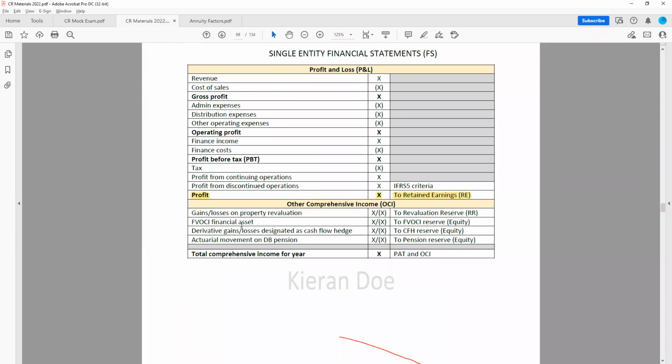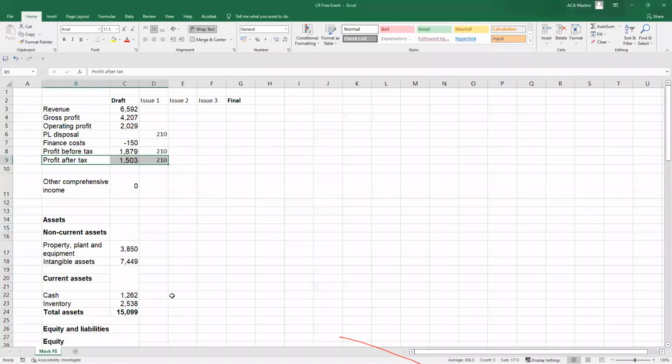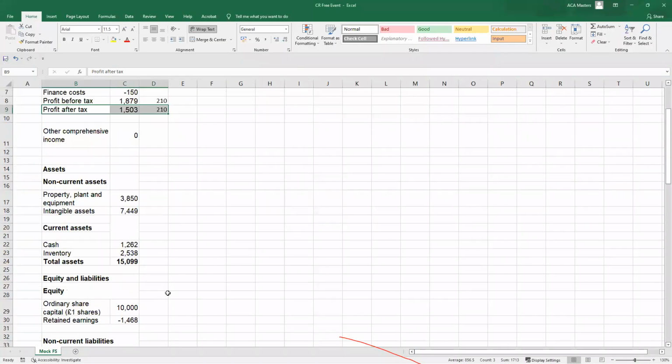Similarly, items which go through the OCI, for example revaluation of PPE, accumulate in the revaluation reserve. Fair value through OCI financial assets accumulate in the reserves. Anything which goes through any income statement, the P&L or the OCI, will accumulate in reserves. Therefore, if you make an adjustment to profit, make sure you follow through and show what impact it has in equity as well, if you're required to prepare the SFP.